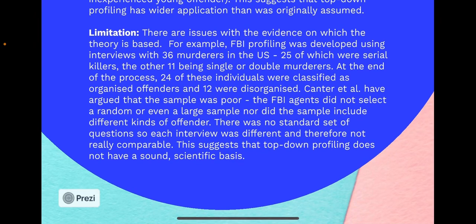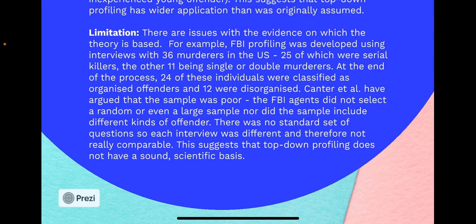Then we have a limitation, so there's issues with the evidence in which the theory is based. So FBI profiling was developed in interviews with 36 murderers in the US, 25 were serial killers, 11 were single or double murderers, and at the end of the process, 24 of the individuals were classed as organised and 12 as disorganised.